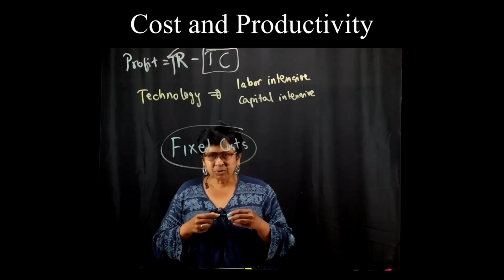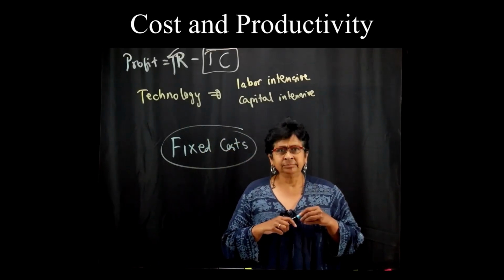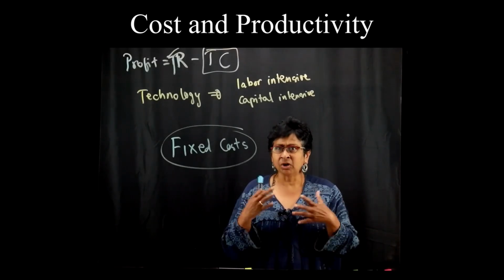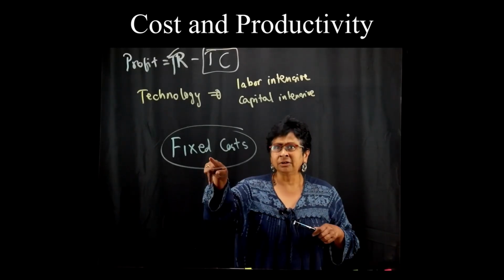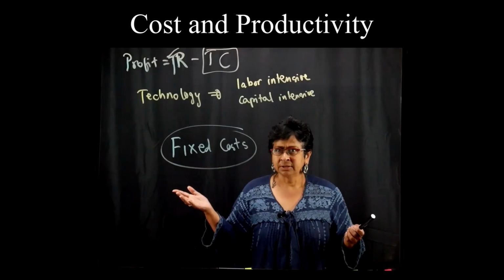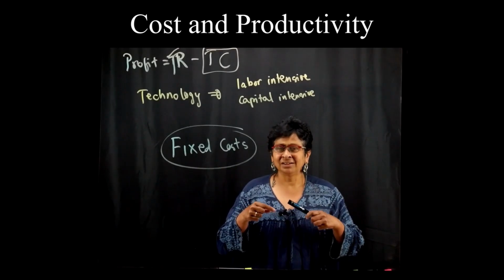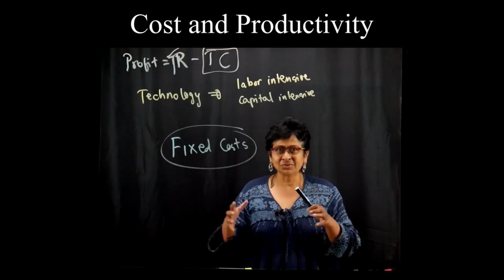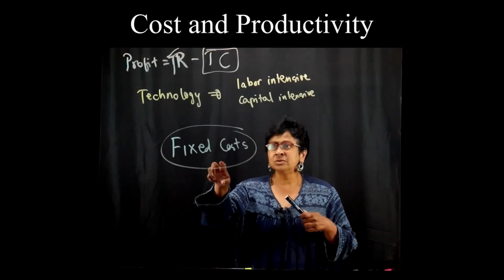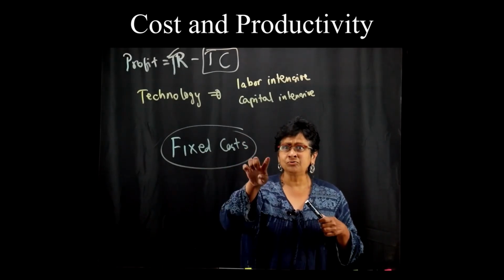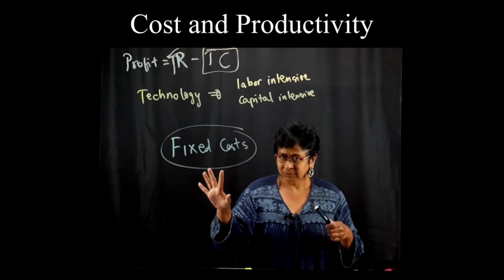So supposing I have a sandwich shop and I've got a grill. The cost of the grill is pretty much a fixed cost. I'm not getting a second grill every time I get a new customer. So that cost is going to be the same whether I'm producing 1, 2, 5, 20, 50, whatever.